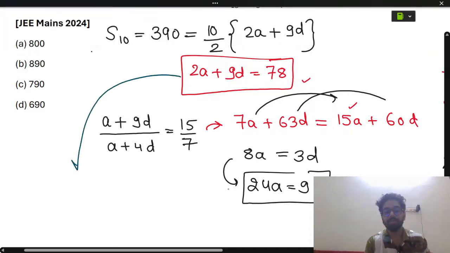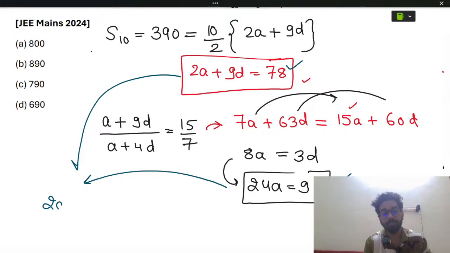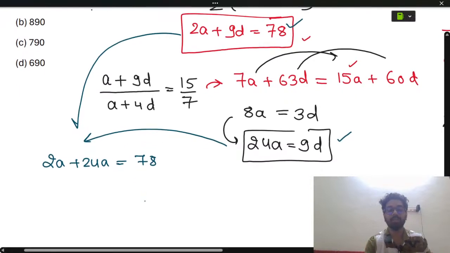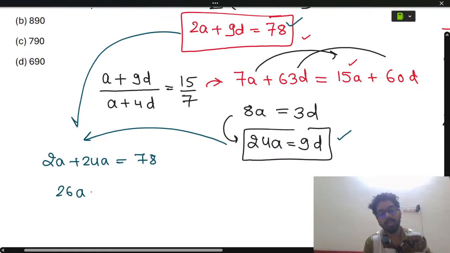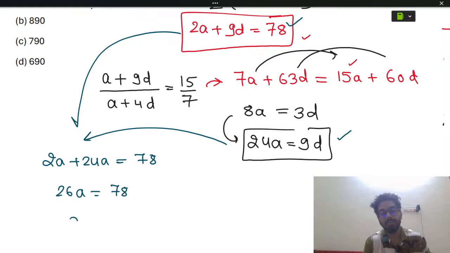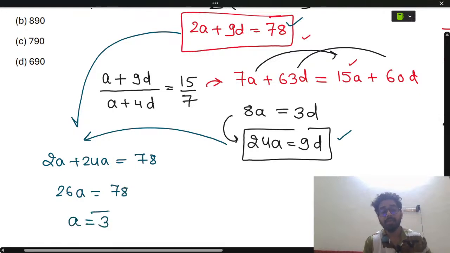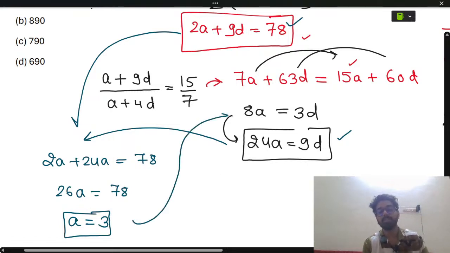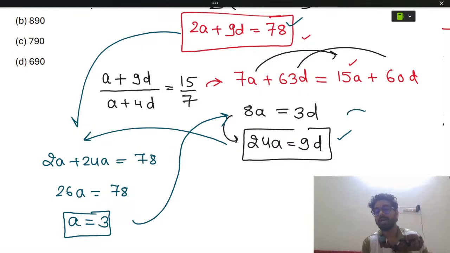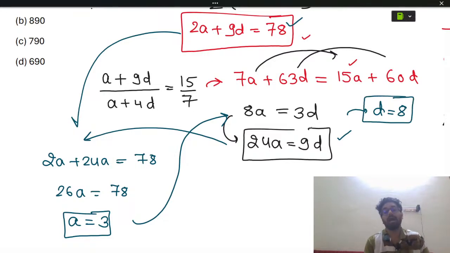And if I substitute the second equation in the first equation, I will get 2a plus 24a is equal to 78, which is 26a is equal to 78, and from here I can say a is equal to 3 on calculating. Alright, and if it is so, I will resubstitute this over here, and from here I will get d is equal to 8. I can calculate that a is 3 and 3, so they get cancelled out, so d is equal to 8. That's what I have done.